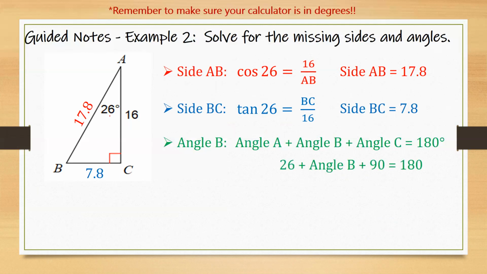So I'm going to say 26 for angle A plus B, which is unknown, plus 90 for C equals 180. So 26 plus 90 is going to give me 116. Is equal to 180. I'm going to subtract 116 from 180. And when I do that, I'm going to get 64. So I know angle B is 64 degrees. Again, you could use the trig function in there. And if you did, you would get the same thing as 64 degrees.